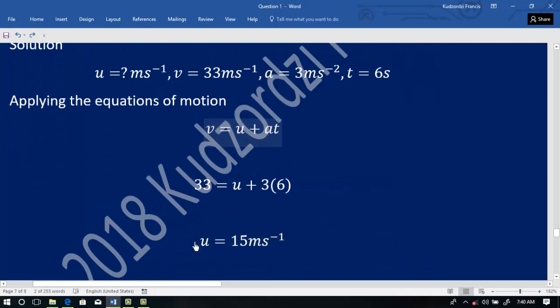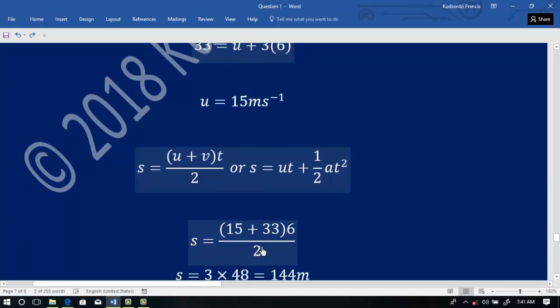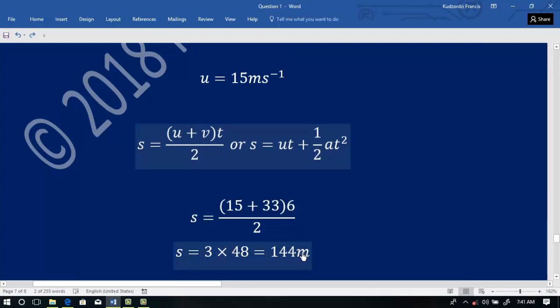Doing that, we get u to be equal to 15 meters per second. Now we can use any of these equations to find the value of s, that is the distance. So using the first one, we have s equal to this, and this will give us 144 meters.